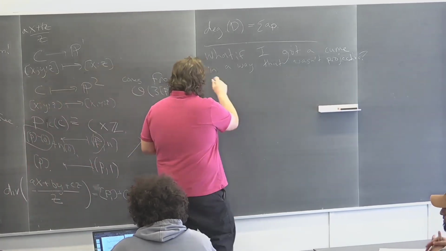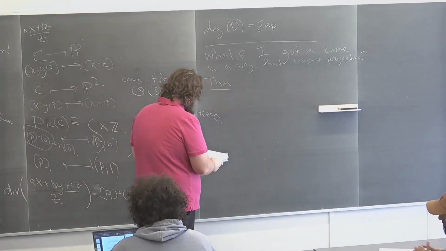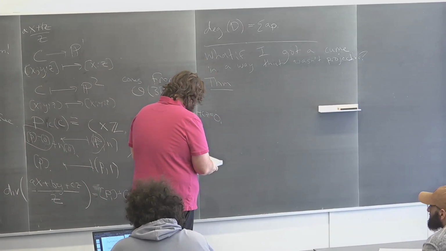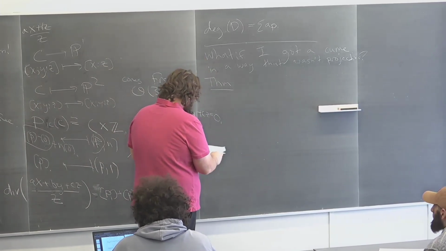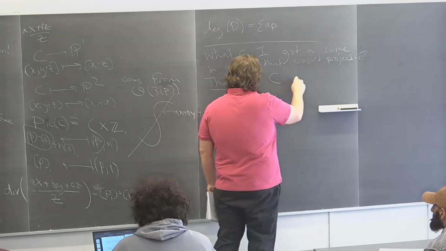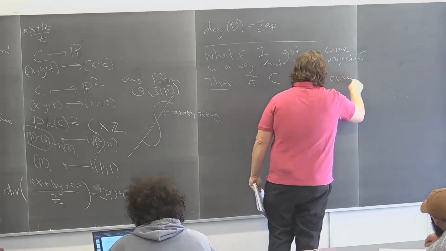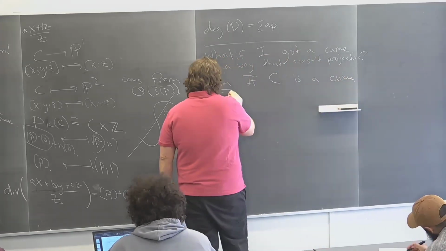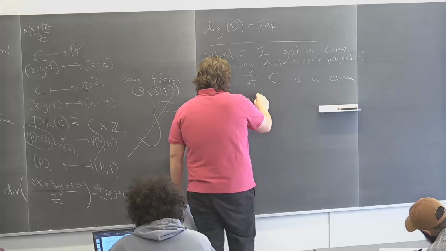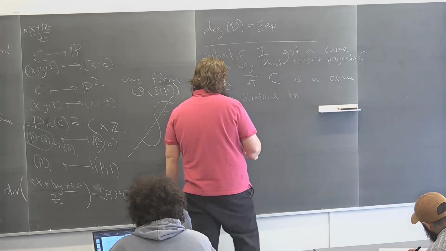So in fact, if C is a curve, C is birational to a projective variety.